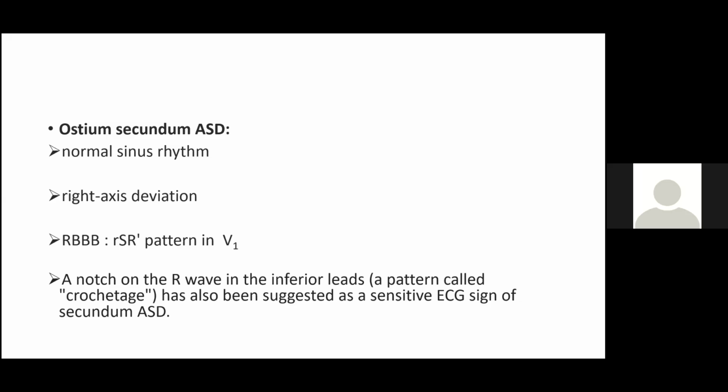If you see the echo very well, SVC is supposed to be committed just to the right atrium, right? Yes, sir. When there is a defect at the roof of the atrial septum, the SVC is now straddling.